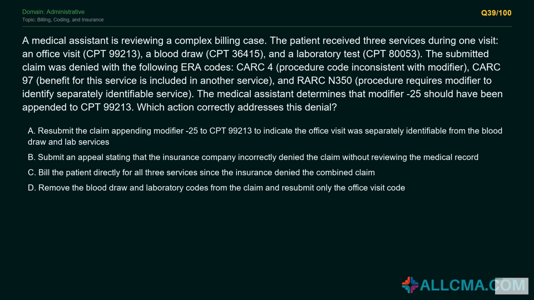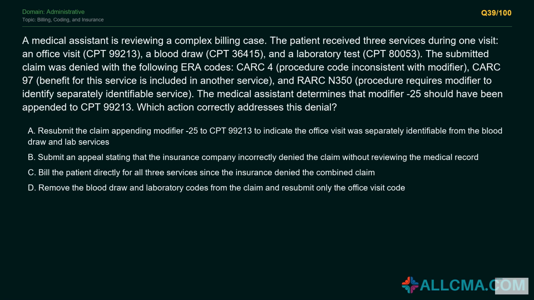Question 39. A medical assistant is reviewing a complex billing case. The patient received 3 services during one visit: an office visit, CPT 99213, a blood draw, CPT 36415, and a laboratory test, CPT 80053.